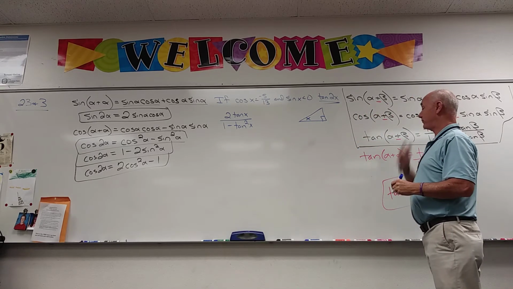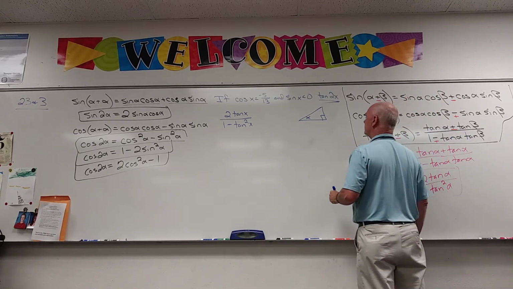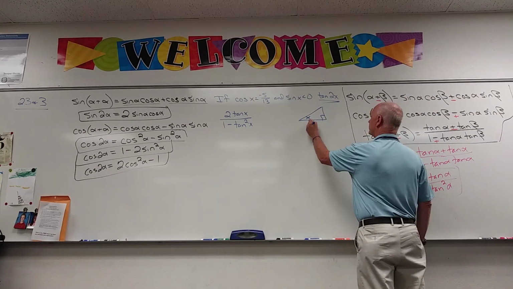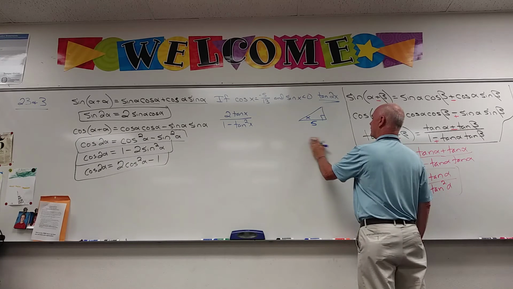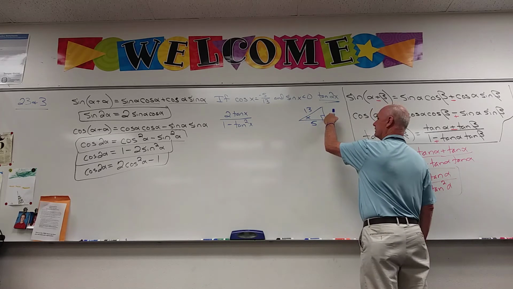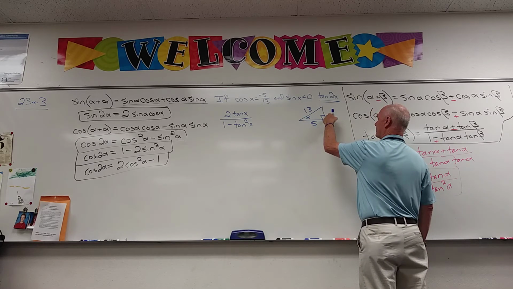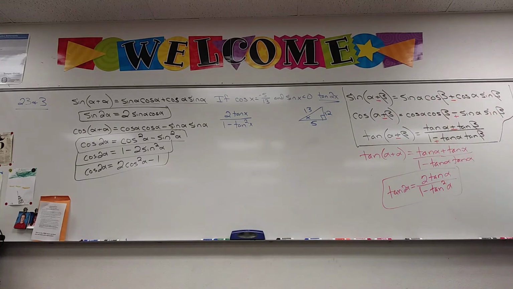Cosine of x is negative 5/13, so therefore, what's 5? Down here? 13 is where? Hypotenuse. Which makes that guy a Pythagorean triple, and that is 12. 5, 12, 13.